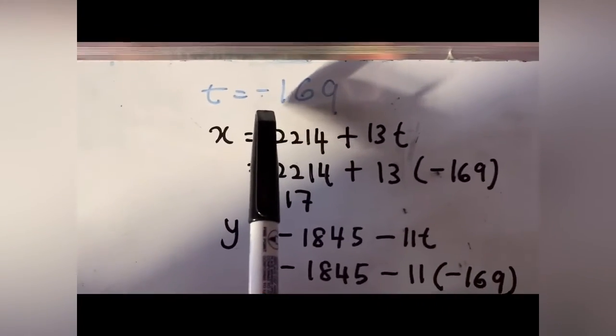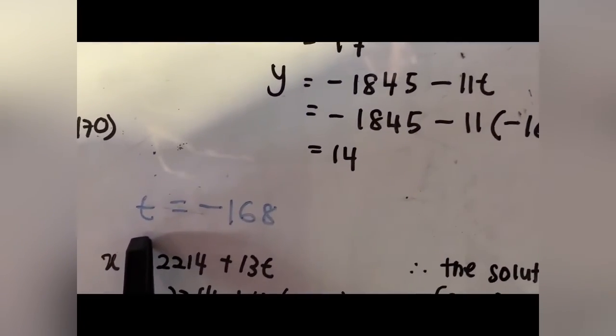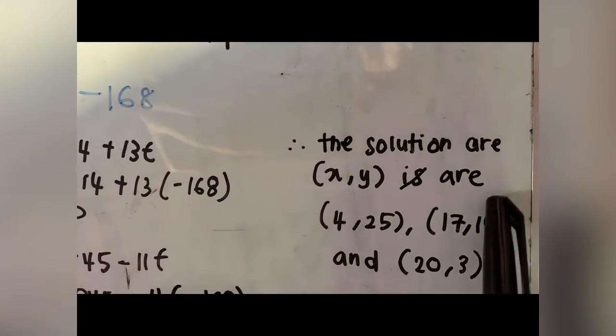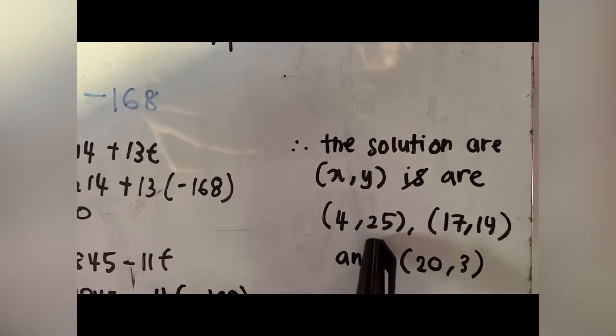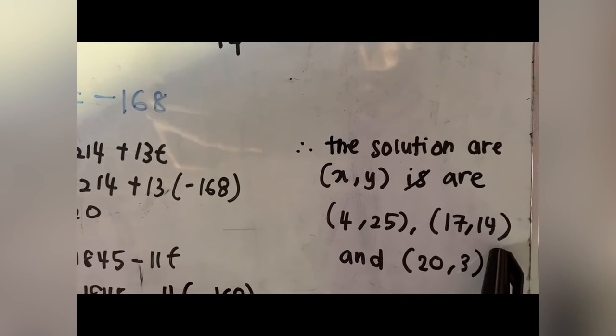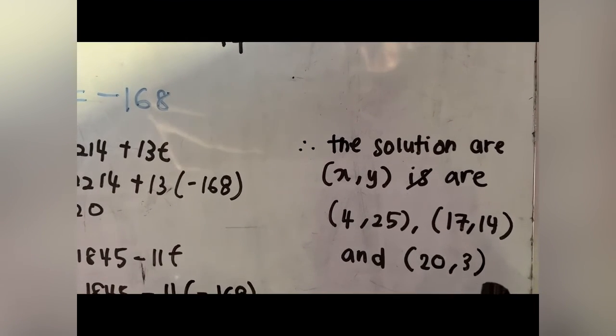So we can conclude the solution. The solutions of x, y are 4 and 25, 17 and 14, and the last is 20 and 3. So that's all for today. Thank you.